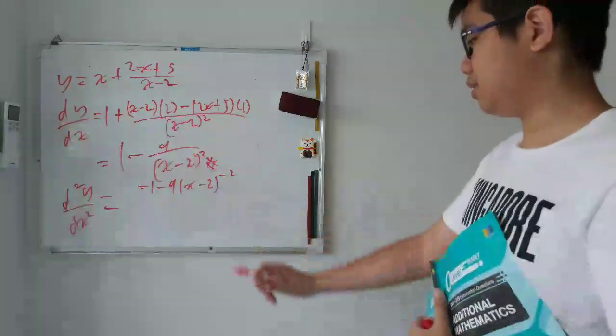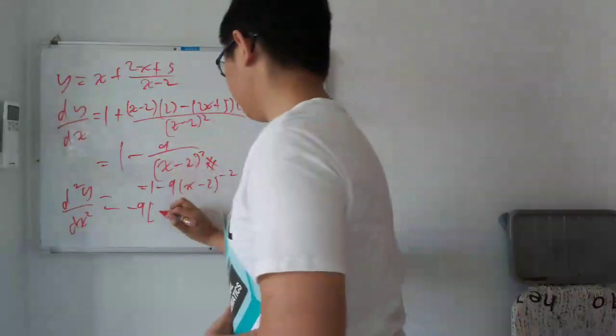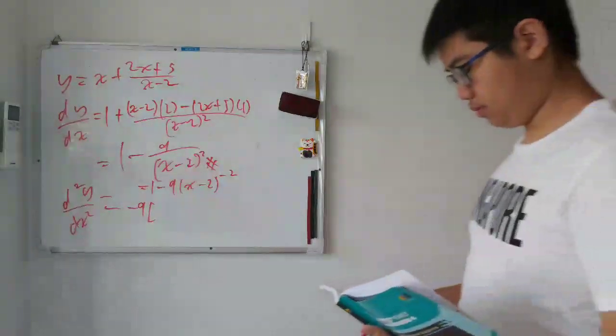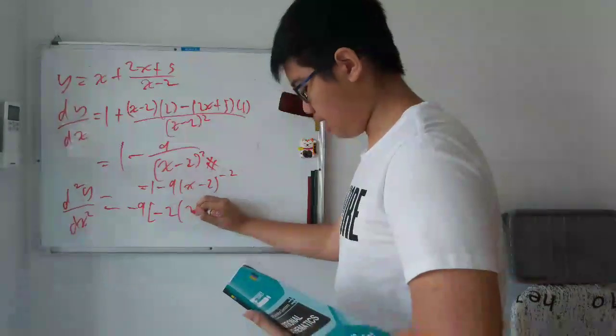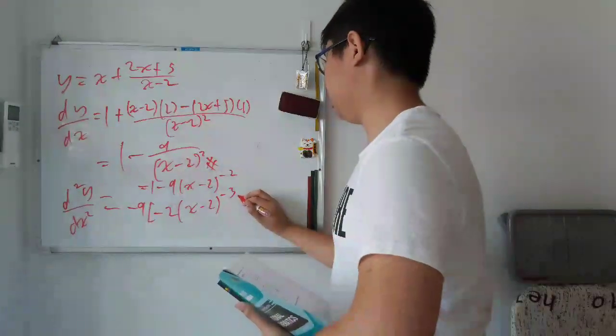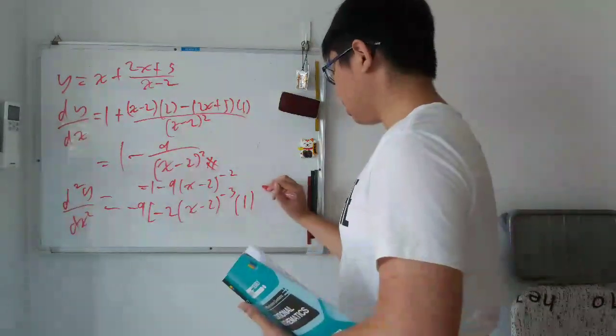Then we can deal with this separately. So this will be minus 9 times negative 2, right? We bring down the power. x minus 2 all raised to negative 3. And then we multiply by the d dx of this, which is just 1. Okay?